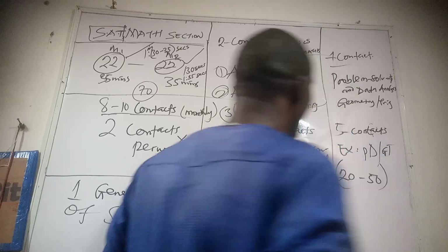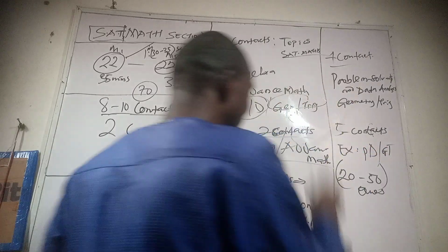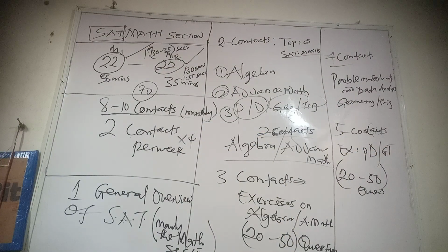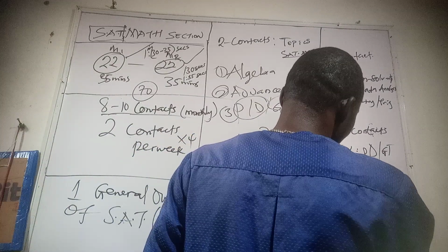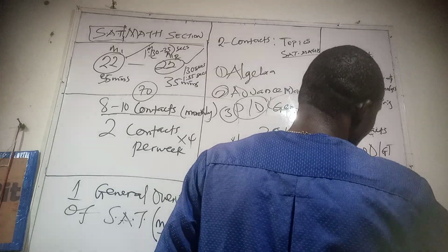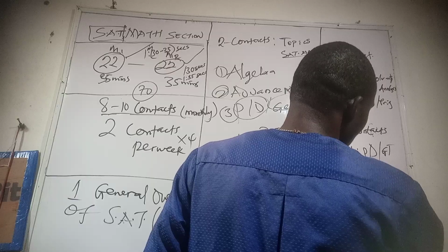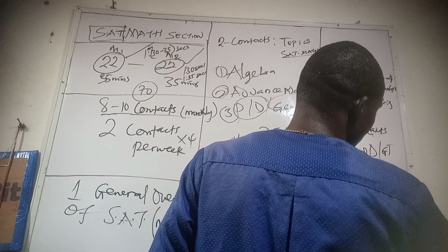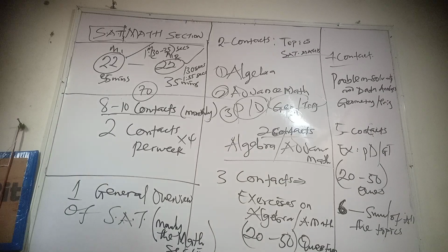And in the sixth contact, we do a summary of all the topics or sectional topics as we have said. Lastly, in the seventh contact, you do practice. You practice your Blue Book, you use your BB.